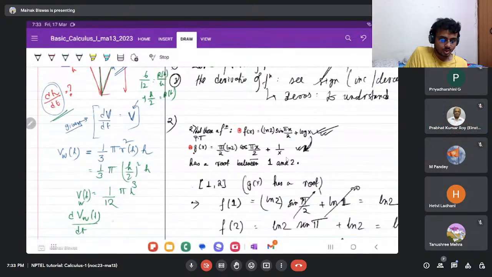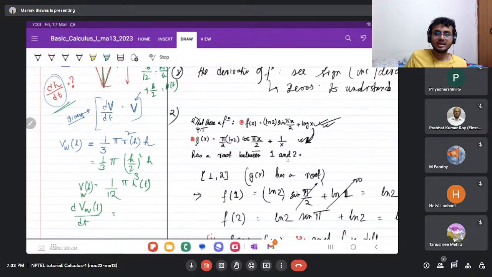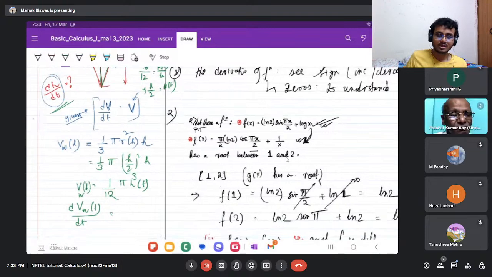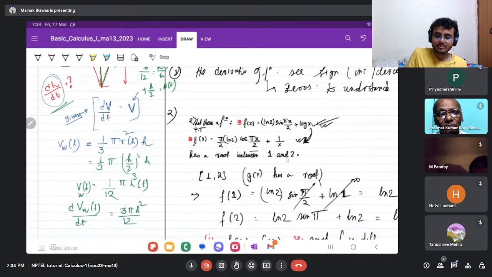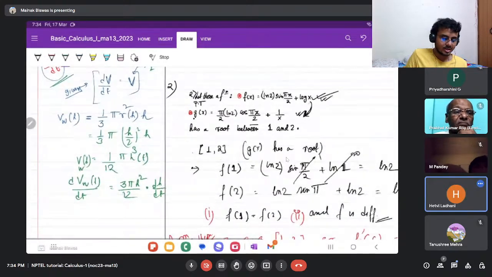If you differentiate with respect to t, h has to be a function of t, right? Height is rising with some speed. So 3 pi h square by 12 into dh/dt. Agreed? Okay.